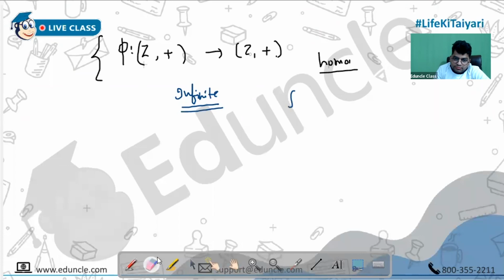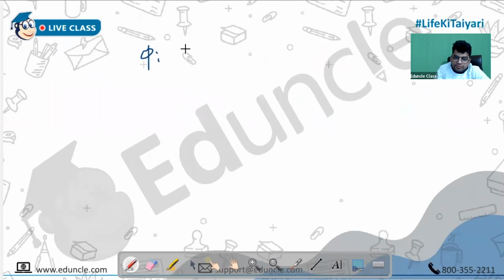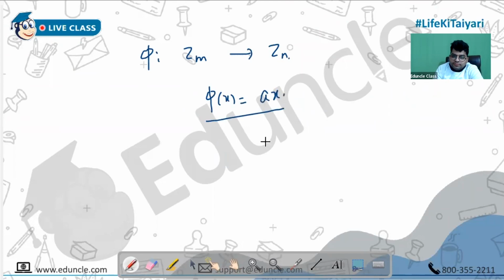because you can say each and every homomorphism. In this homomorphism, we can say how many homomorphism from Zm to Z. मैंने बताया था concept, that is Ax, and just GCD of Mn is the number of homomorphism.